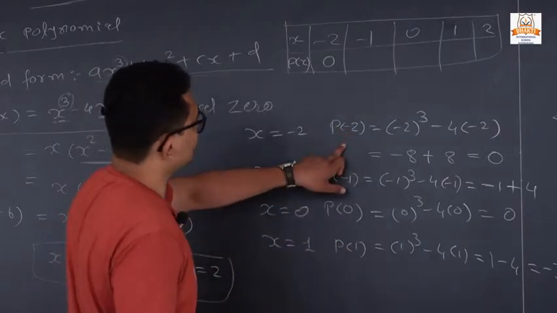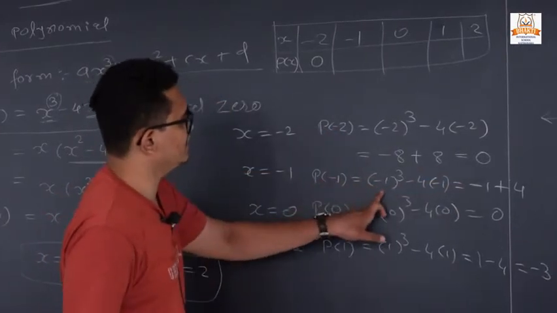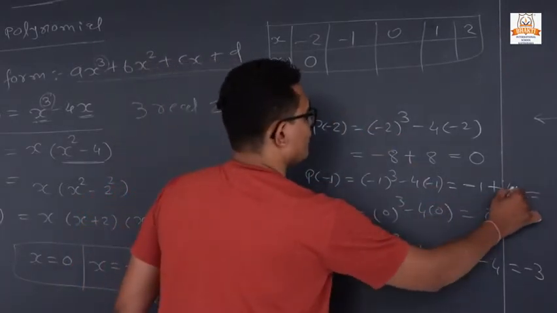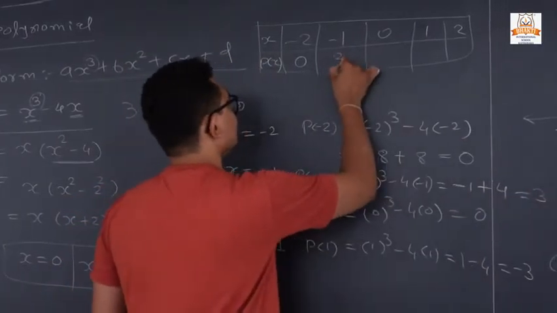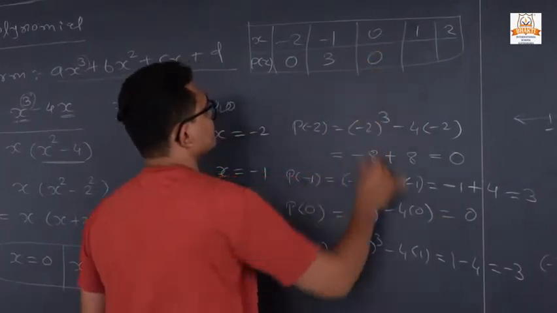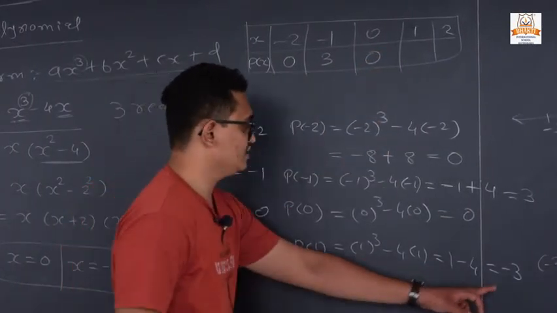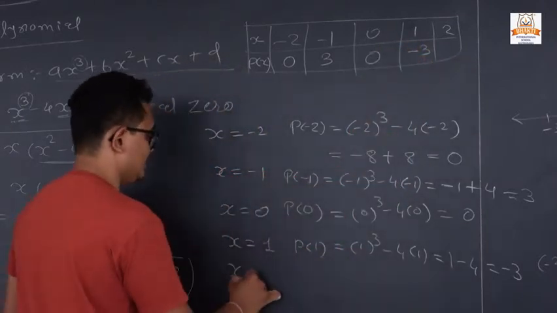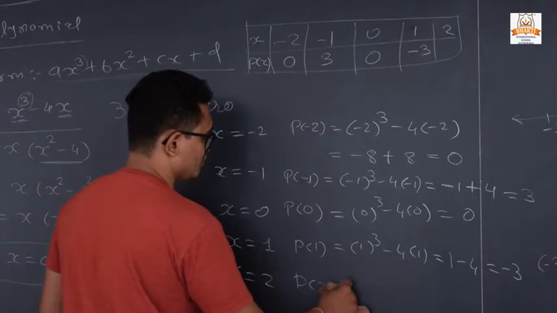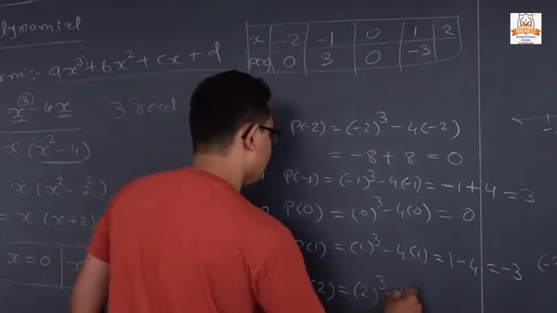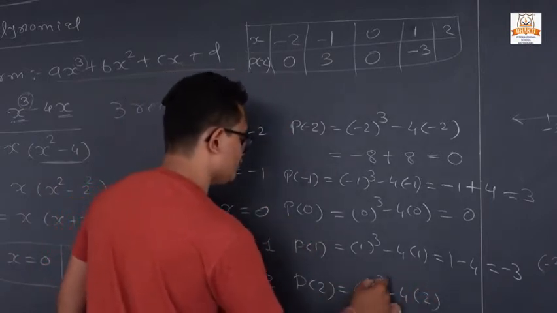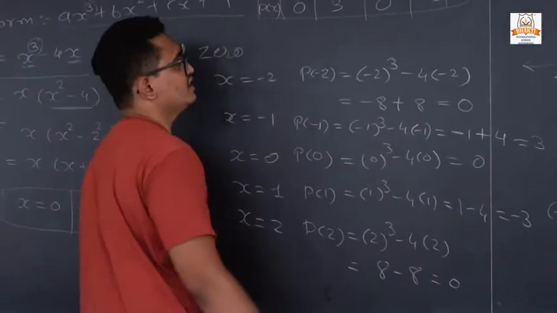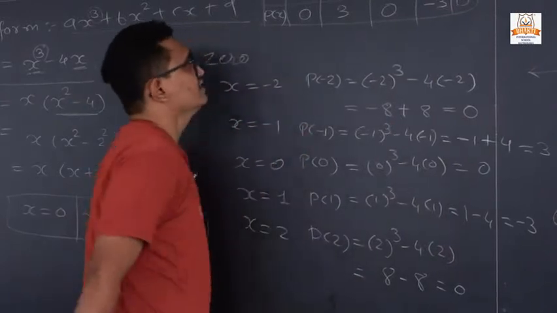So if we put minus 2, the answer is 0. If we put minus 1, the answer is 4 minus 1, so it will be 3. If we put 0, the answer is 0. If we put plus 1, the answer is minus 3. And last, if we put 2, so 2 cubed minus 4 times 2. 2 cubed is 8, 4 twos are again 8, so it will be 0.